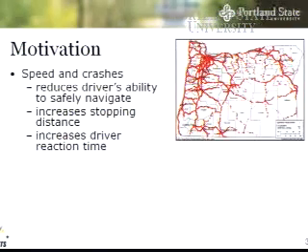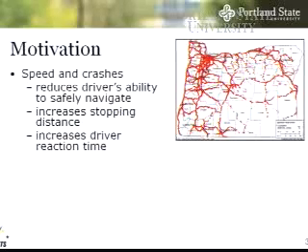So the motivation for the project. We intuitively know that speed and crashes are related. And while it's sometimes hard to glean from the crash data the way it's coded, we know that speed reduces the driver's ability to navigate safely, increases their stopping distance, and increases their reaction time.